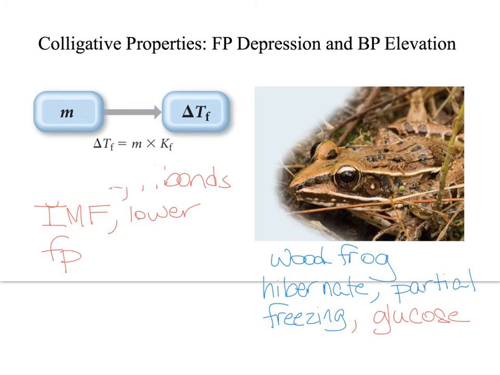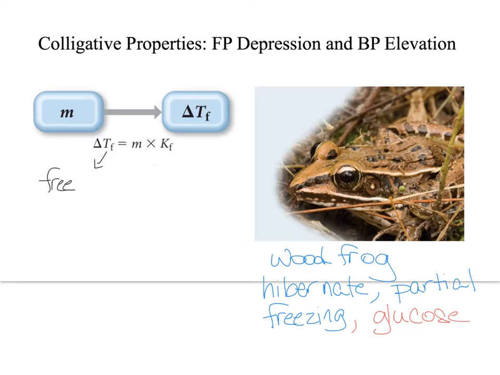I'm going to erase for just a moment here, and we're going to talk about this formula. You see delta TF, and the little f stands for freezing, is equal to molality times Kf, which is a constant.